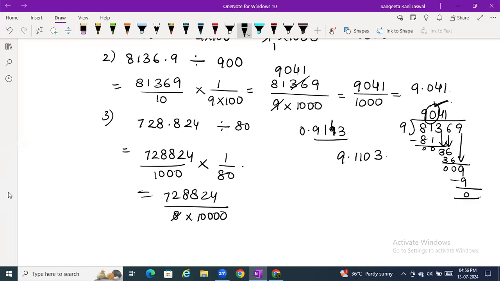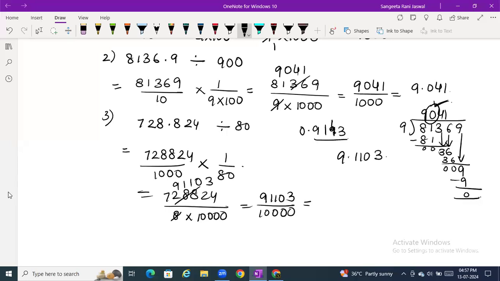So this will give me 8 nines is 72. Then 8 ones are 8. Then I'll drop down 2, which will not be divided by 8, so I'll put 0 here. Then I drop down 4. Then 8 threes is 24. So I have now 91103 by 10,000.